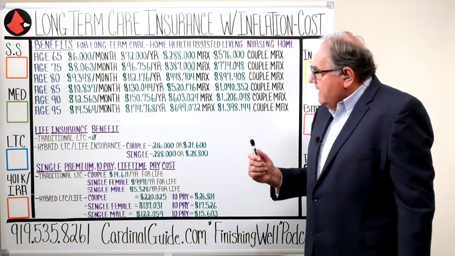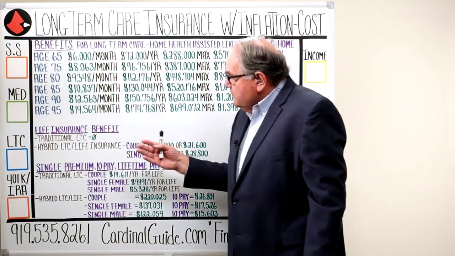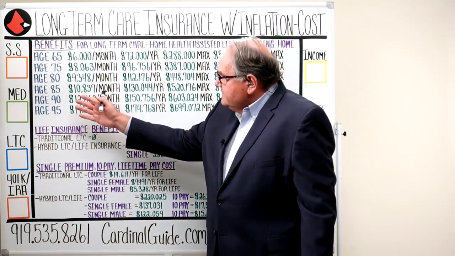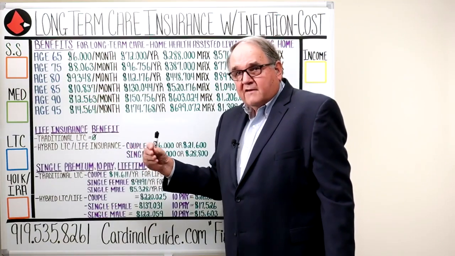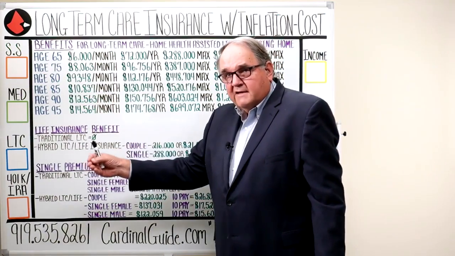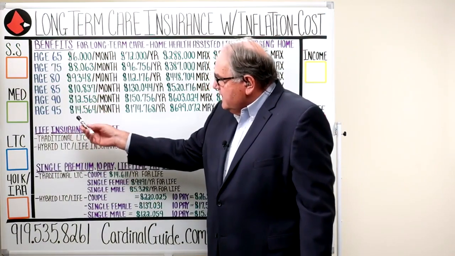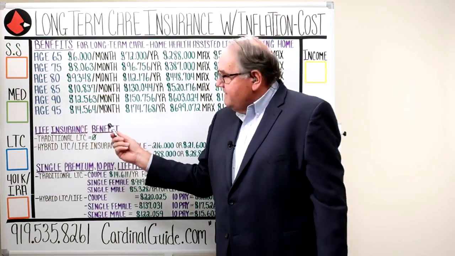And if people purchase this as a couple, there's a pretty good chance that the first one is going to start using it somewhere in their 80s, maybe their low 80s or their mid 80s. And then the other one is going to survive and live on, and that person is going to use it at even older ages. I've illustrated, this keeps right on growing, but I've illustrated somebody using it at 95.